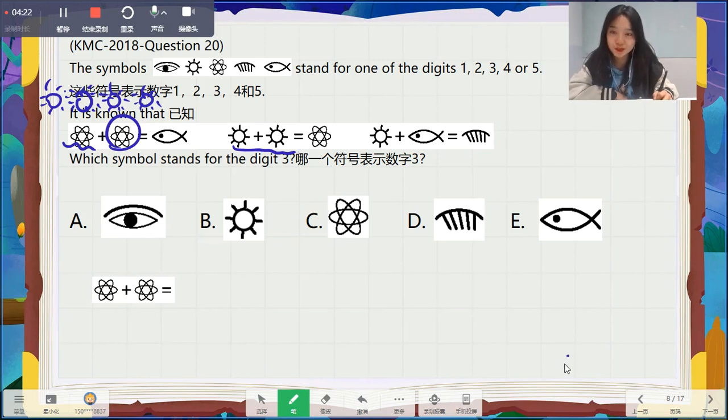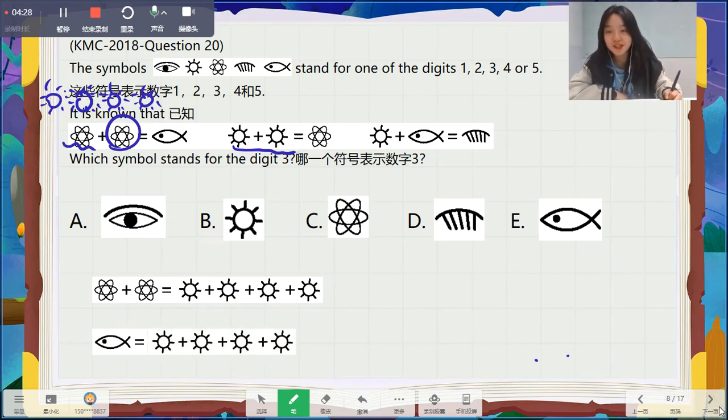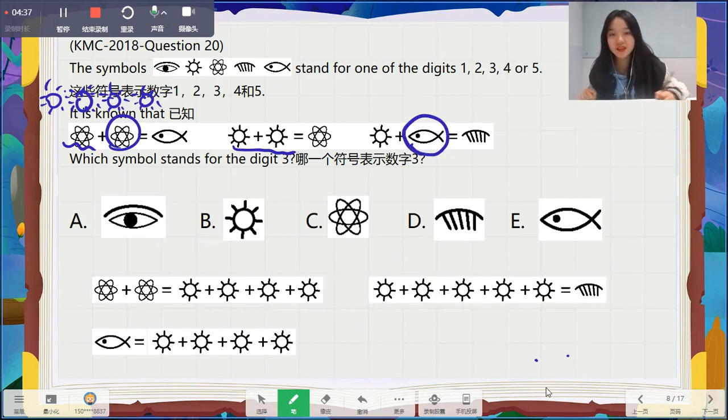Perfect, 4, because they are equal to 4 suns. So here we know one fish is equal to 4 suns. Let's continue. That means we can replace the fish by suns. So one corn is equal to 5 suns. And also we know one flower is equal to 2 suns.